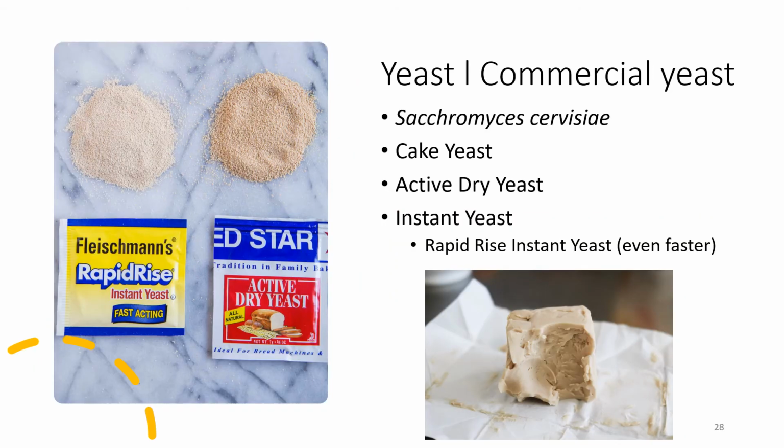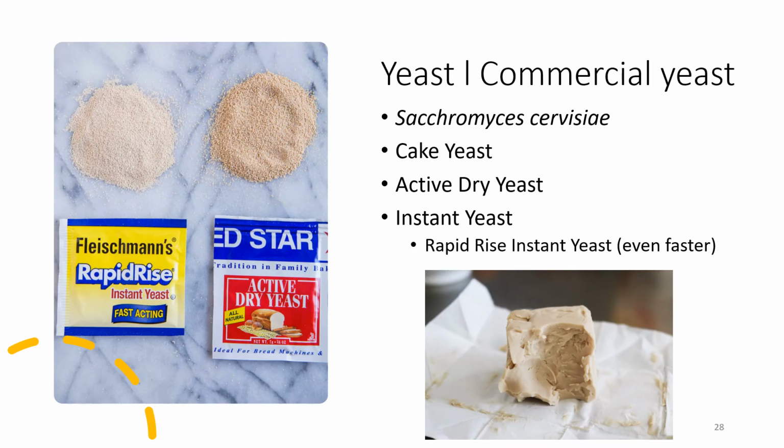So now to get into the differentiation between different types of baker's yeast or commercial yeast. As mentioned before, these are primarily the Saccharomyces cerevisiae yeast that are used in the mass production of these fast-growing yeasts, and they can come in various forms. On the bottom right-hand side, you see the weird, mushy, Play-Doh-looking block of stuff. That is called cake yeast or fresh yeast.